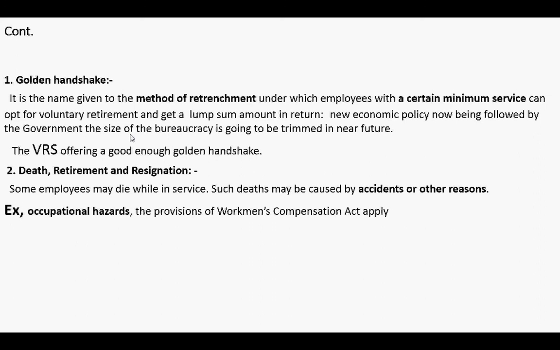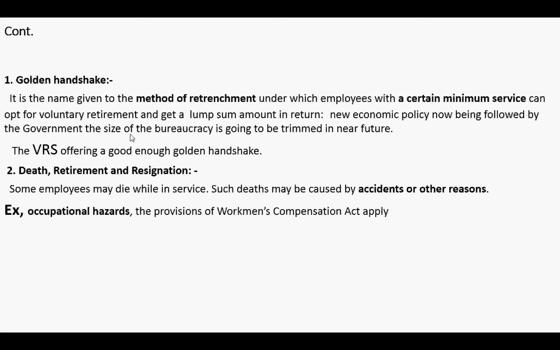Bureaucratic changes are being made by the government in the public sector, trimming some positions. All these are reasons why the golden handshake is offered to employees.